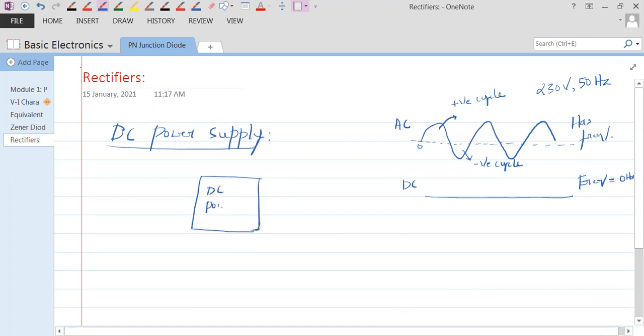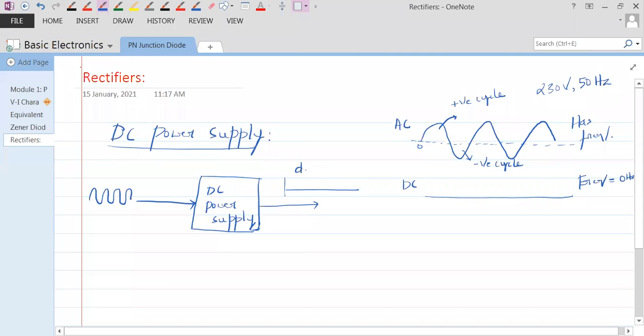DC power supply: what should it do? It should take AC signal, which is alternating like this, and should give us a DC signal like this.